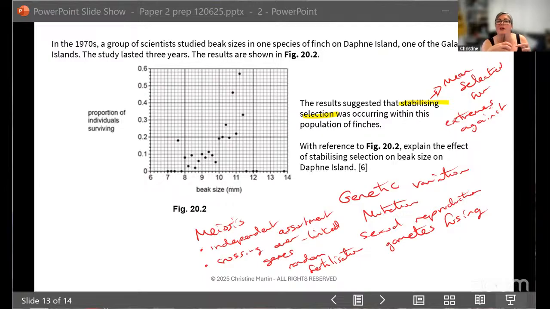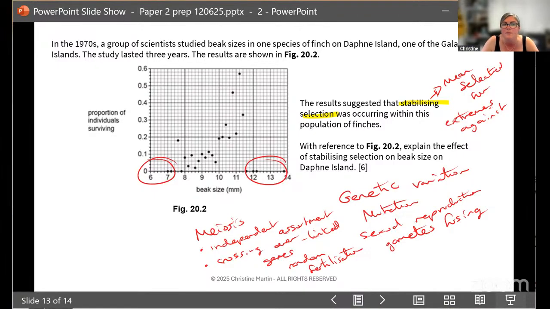Because when the beak depth is too high, there's very few individuals found with that beak depth. And when we go the opposite way, there's very few found there. So we want to talk about the change in the frequency: up here, there's very little, down here, there's very little. And because of that, that's telling us that the extremes are not being selected for.